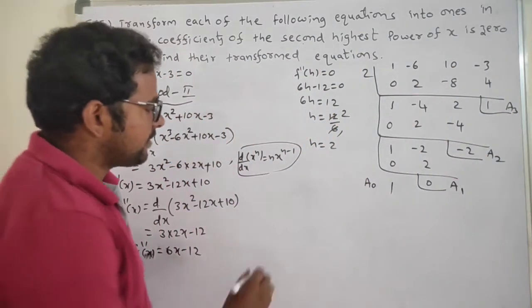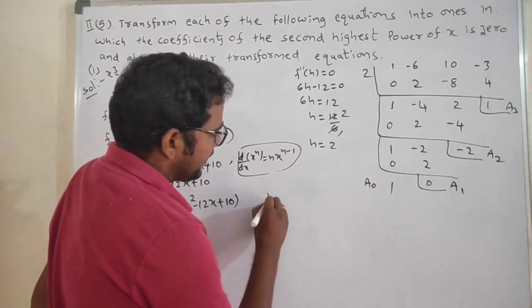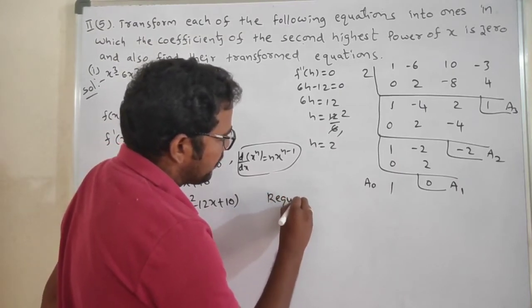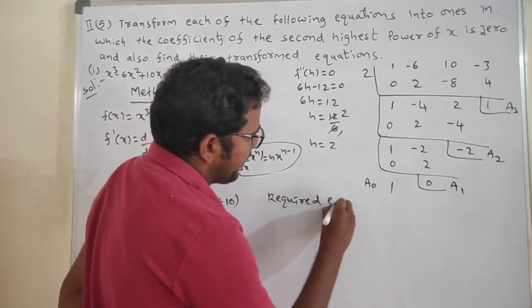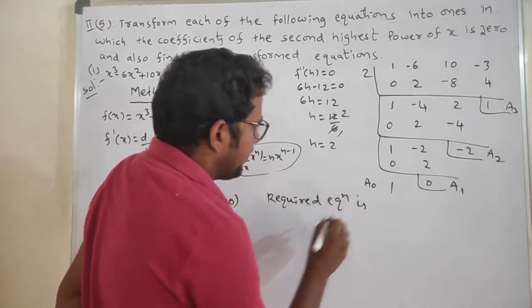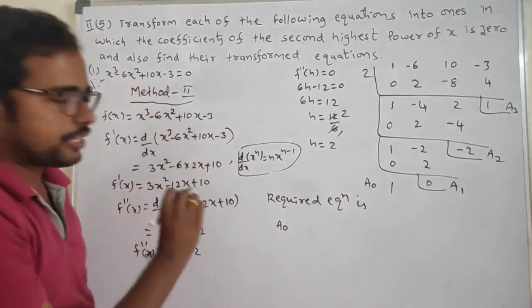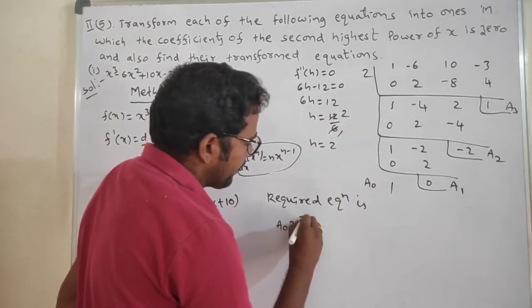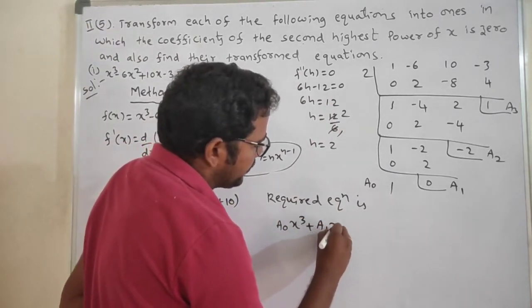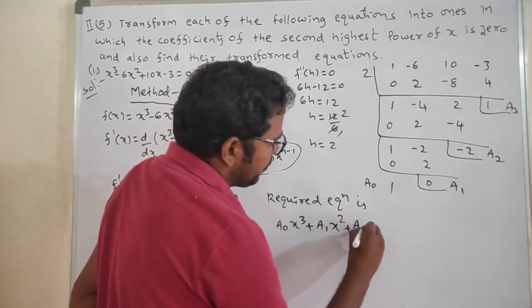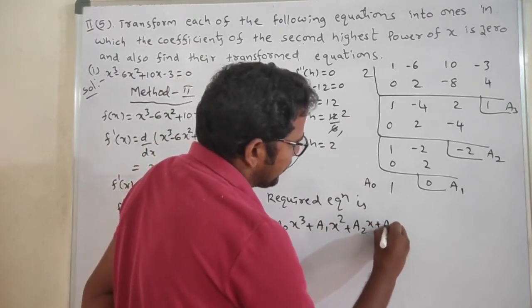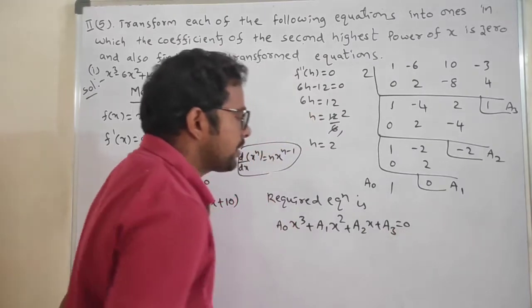So the required equation is a0 x power 3 plus a1 x square plus a2 x plus a3 is equals to 0. Now substitute values.